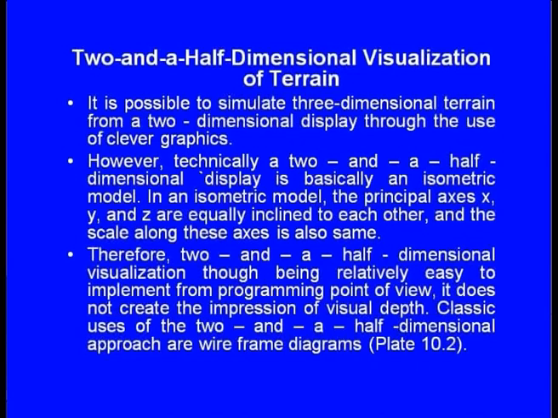Therefore, 2.5 dimensional visualization, though being relatively easy to implement from programming point of view, does not create the impression of visual depth. Classical uses of 2.5 dimension approaches are frame wire diagram.